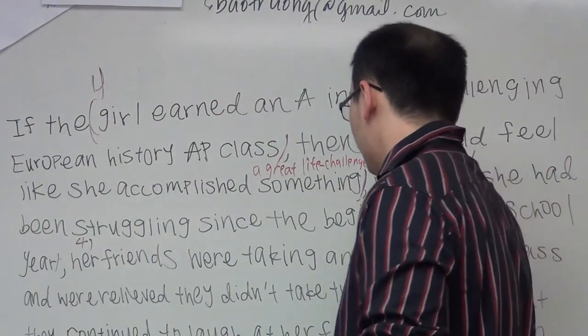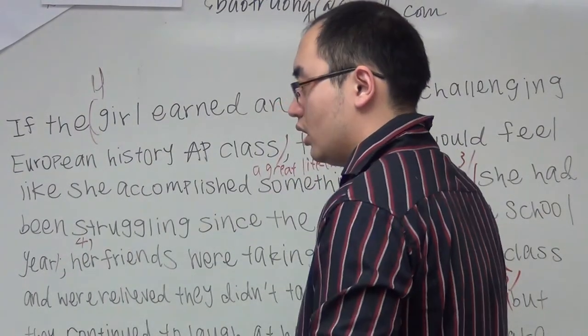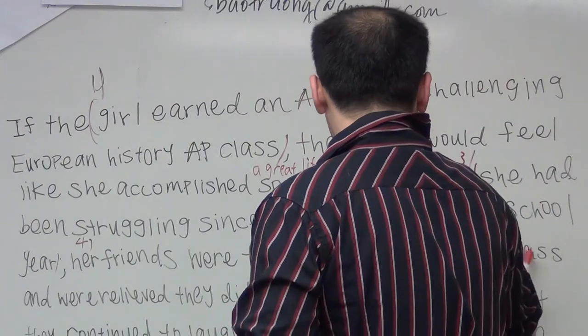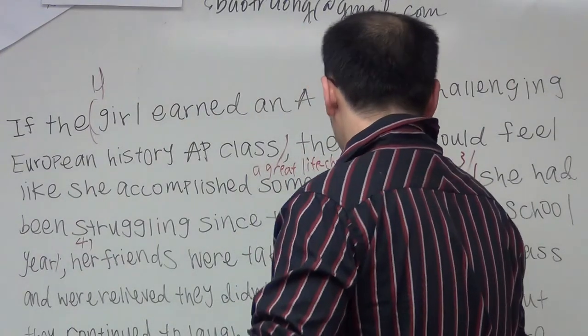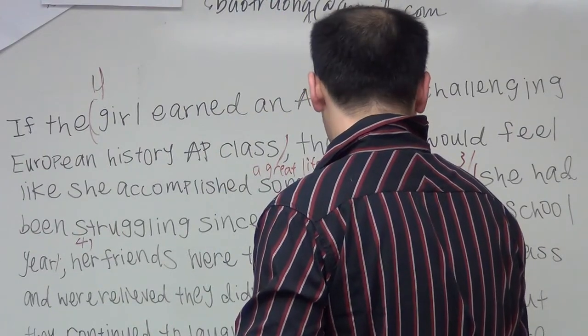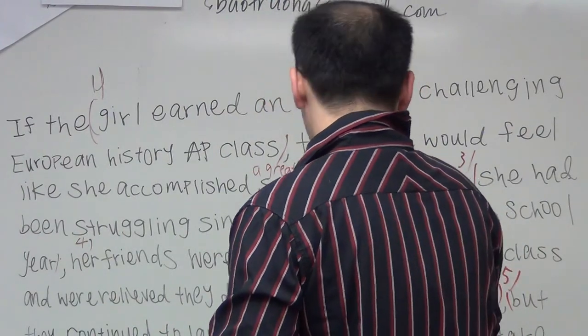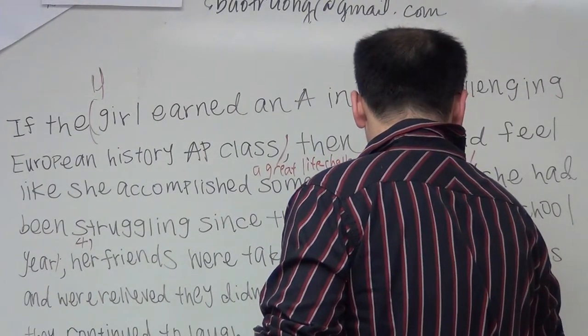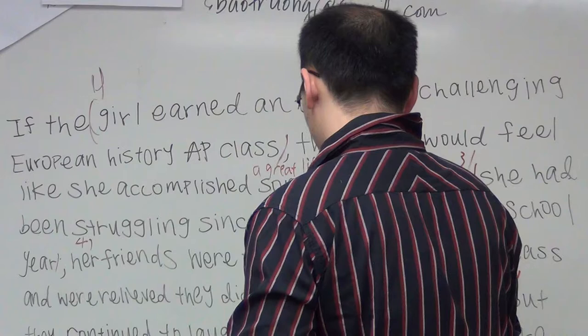Another thing we want to look out for is maybe repeating words. So in the second clause after the semicolon, you have class, class, class. Maybe we change it to courses, to take the difficult course. Course load. Just vary the structure a little bit.